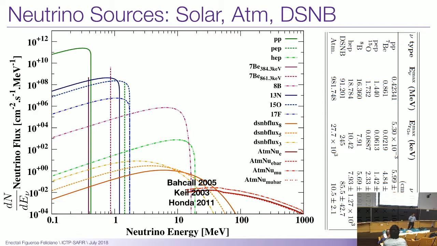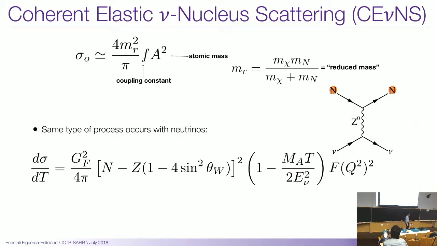So now you have all of these neutrino sources, and you can ask, how do I look at that from the point of view of a dark matter detector? As we talked about, the highest cross-section is coherent elastic neutrino nucleus scattering, which is very similar to the dark matter interaction. In dark matter, you have this A squared term, right?